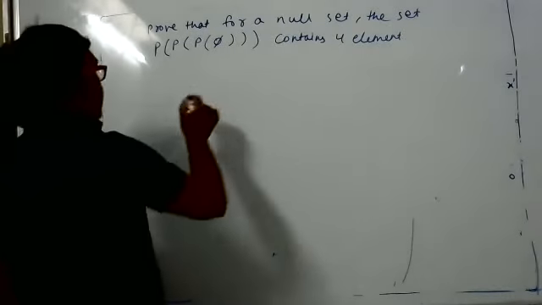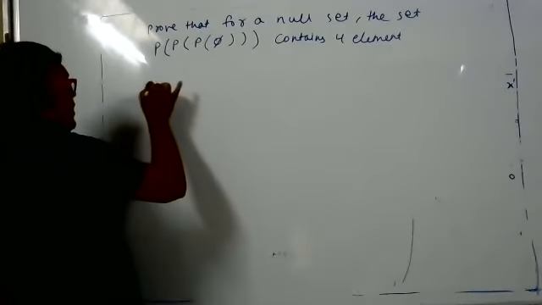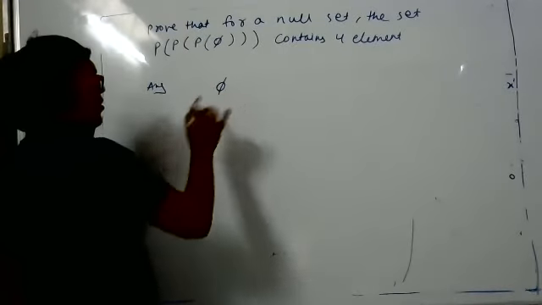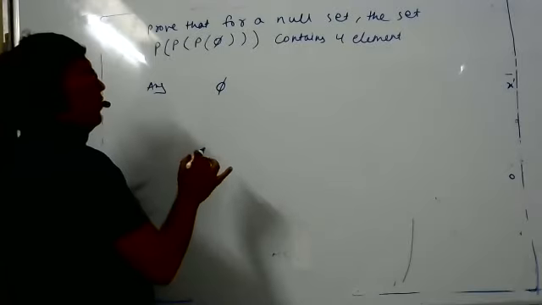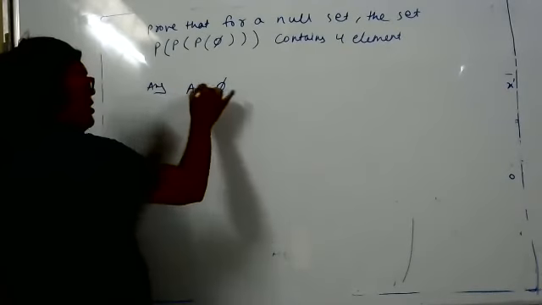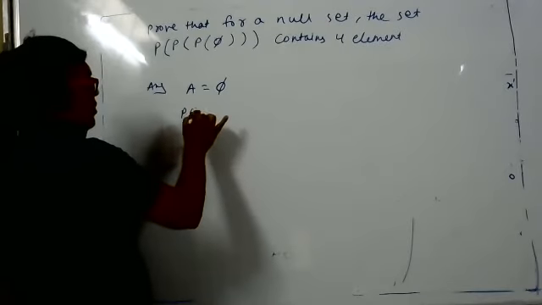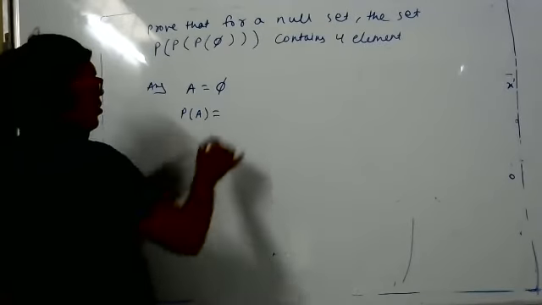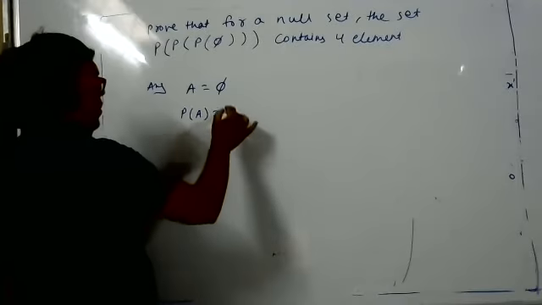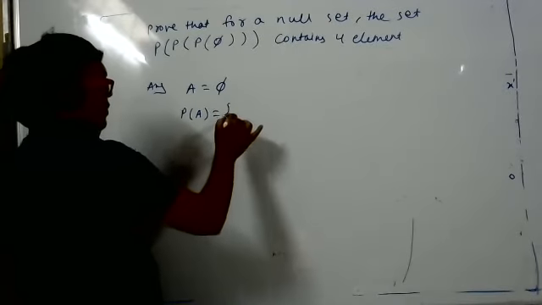Our set A is what? Null set. Correct? Yes, sir. Set A is null set. So what is the power set of A? Null set in a bracket. This would have 8 elements, no, sir?